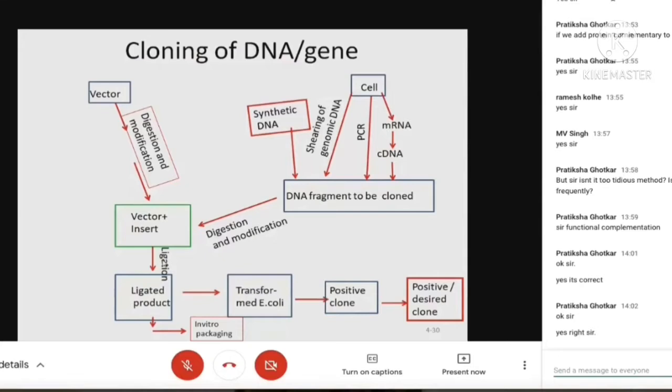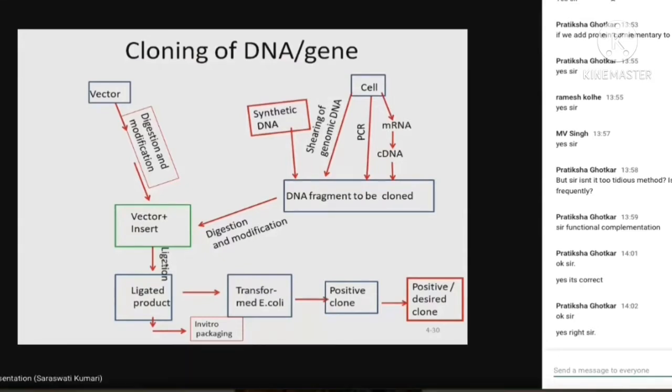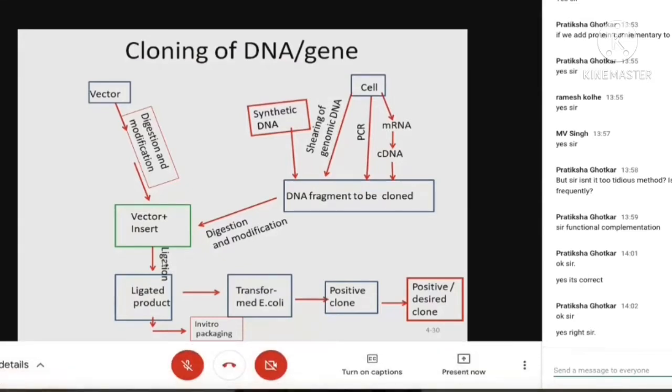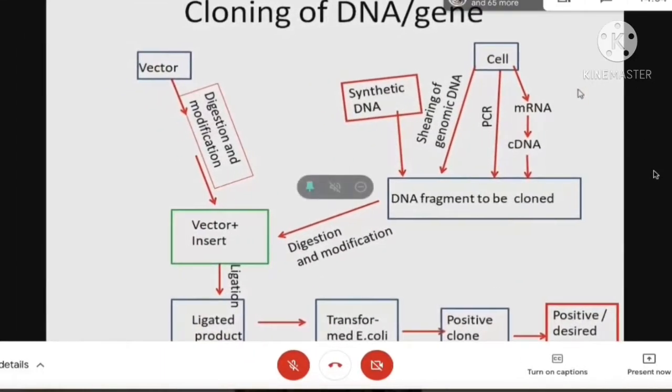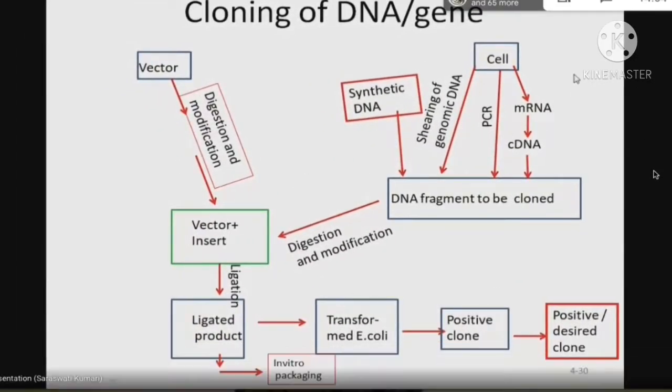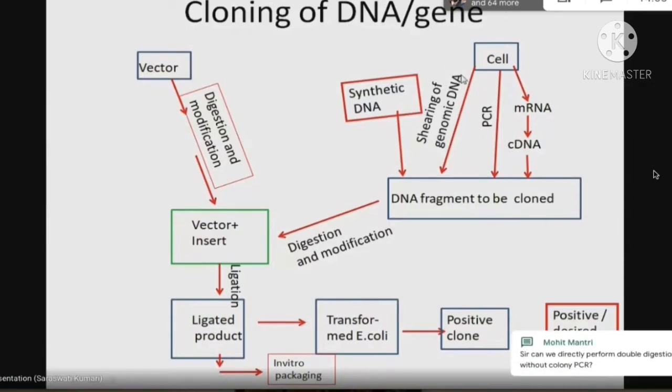So this is the overall cloning strategy. This is isolation of the desired gene to be cloned. This is a synthetic method, fragmentation of that gene. But fragmentation you can do for preparation of a genomic library, not one gene.